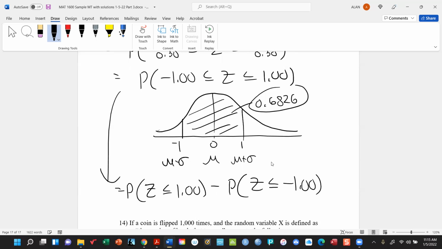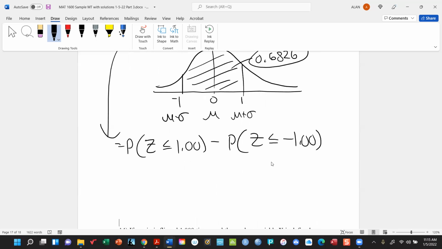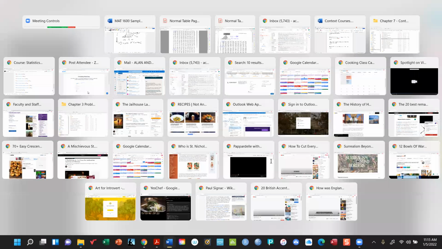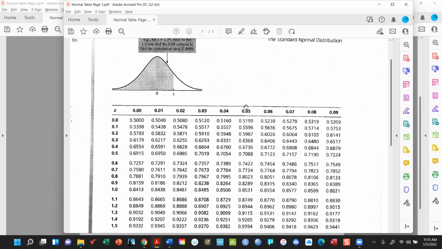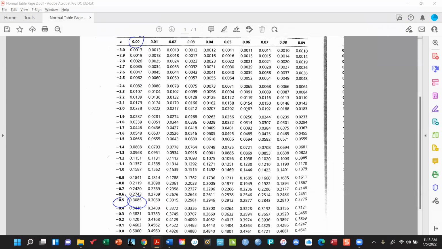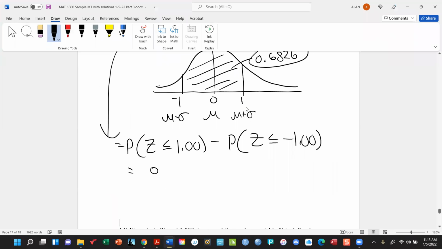Okay, and then these, of course, we can look them up directly in the tables. For example, 1, let's go to the positive table and find it. So 1 could be rewritten as 0.8413, minus 1 then from the negative table.